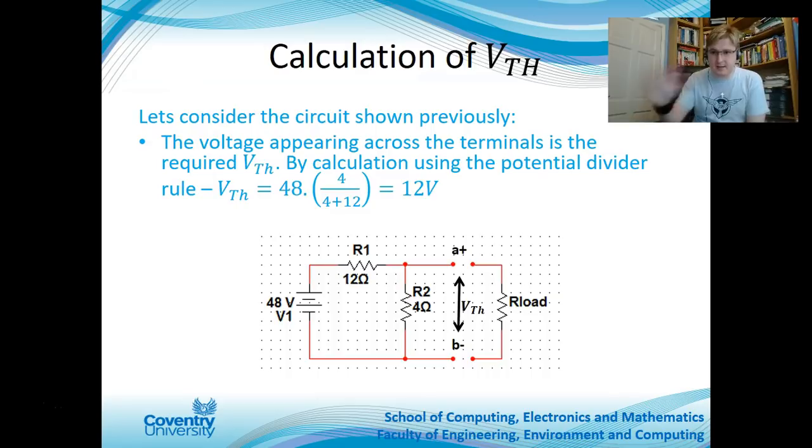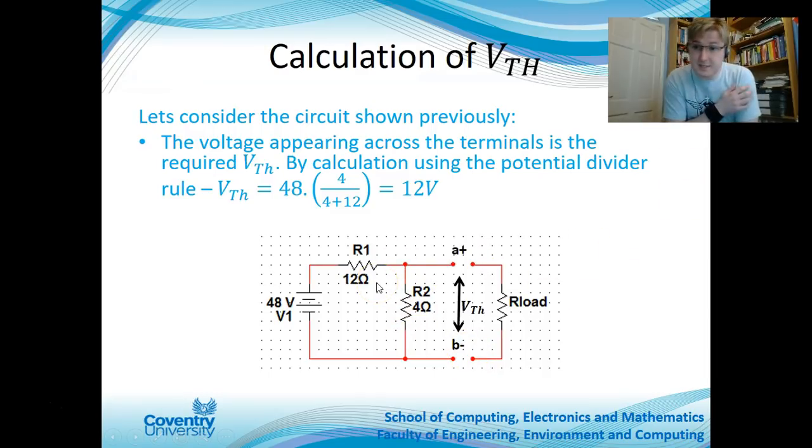Now let's have a look at how we can calculate the Thevenin voltage for this particular circuit. We've got this 48 volt supply, an R1 equal to 12 ohms, with an R2 in parallel across the voltage supply, a shunt across it. Then you've got the Thevenin terminals across here and the load here. We've taken the load out, as we said, and we want to find the voltage across here.